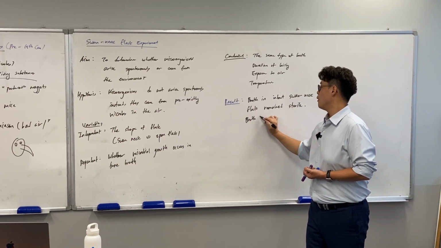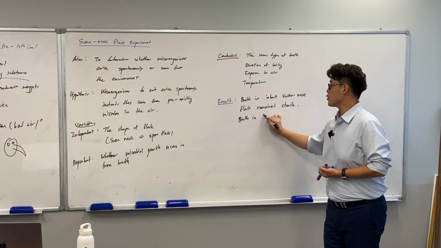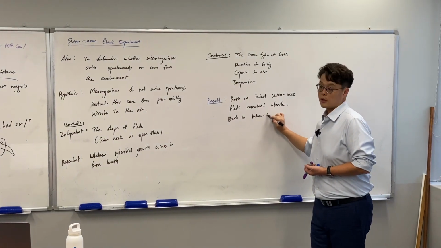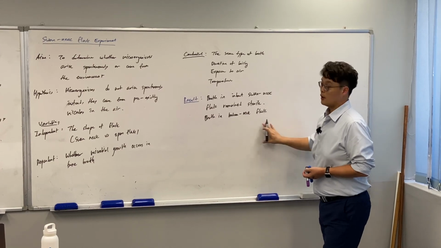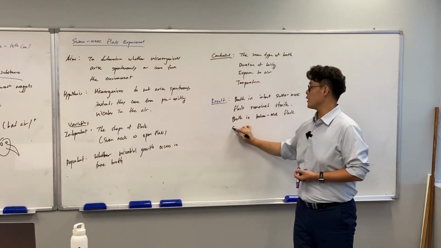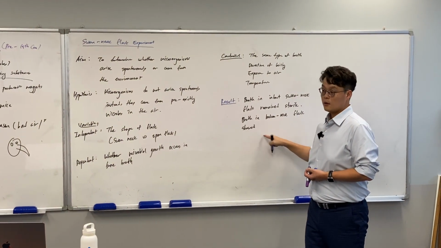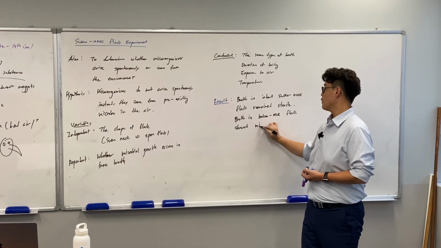Broth in the broken neck, or the open flask, shows the microbial growth.